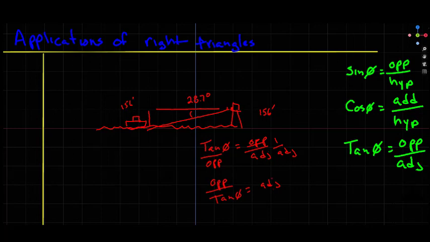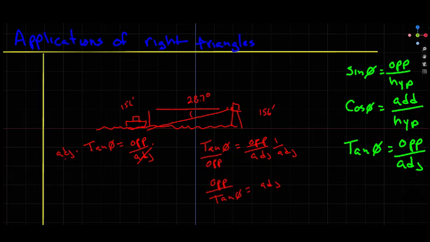Now, I've seen students work this a little bit differently, and I'll show you that too. Either way works just fine. So if we say the tangent of theta equals the opposite over adjacent, I've seen students say, let's multiply both sides times the adjacent. So that's going to basically cancel the adjacent off of here. And it's going to say the adjacent times the tangent equals opposite.